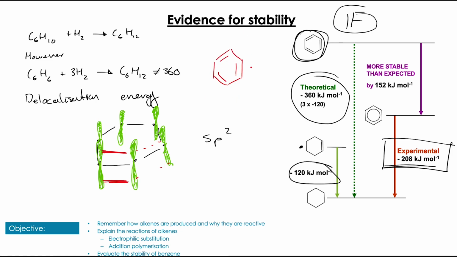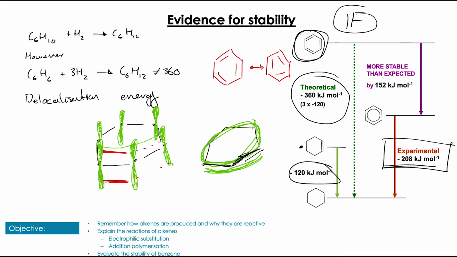So we can draw those resonance forms, which are always equal to the one where the double bonds are on alternate carbons. Now, the truth of the matter is, if that was the case, we would see this theoretical value, and we would also see different bond lengths as well. However, what instead happens is that above and below the plane, the electrons combine to form a delocalized ring system, and this is very stable.